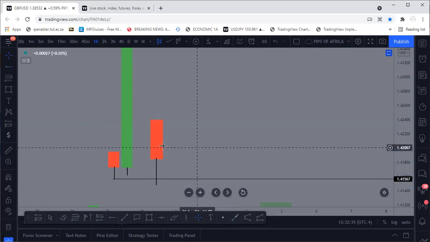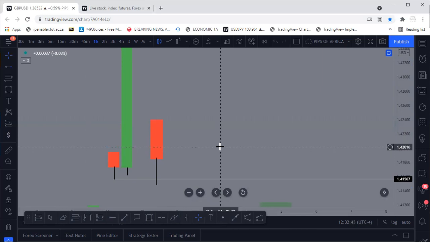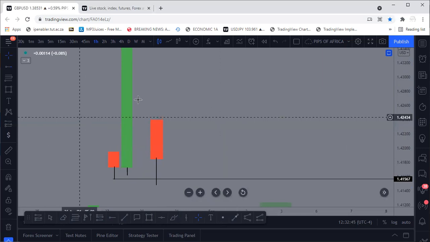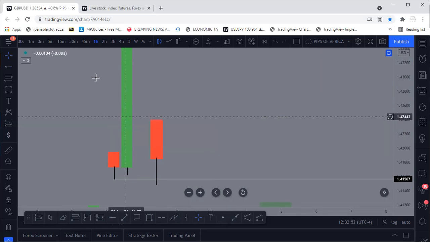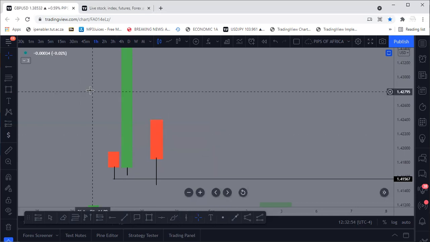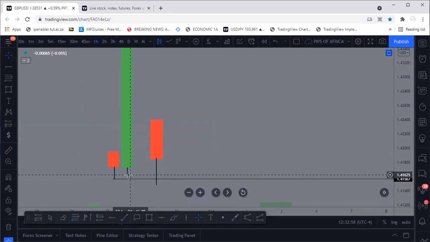I once told you that the market makers go from liquidity to liquidity, from order block to order block, from support to resistance. That's liquidity. Support and resistance is just liquidity. They take out highs and lows, right?